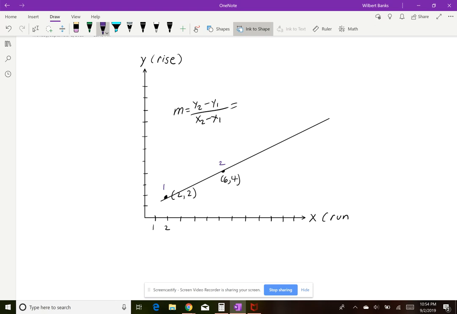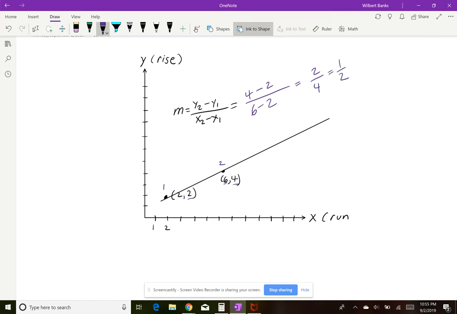Remember, x was the first number, y is the second number. So y2 is 4 minus y1, which is 2, over x2, which is 6 minus 2. So my rise over run would be 2 over 4. If I reduce that, that'd be 1/2.